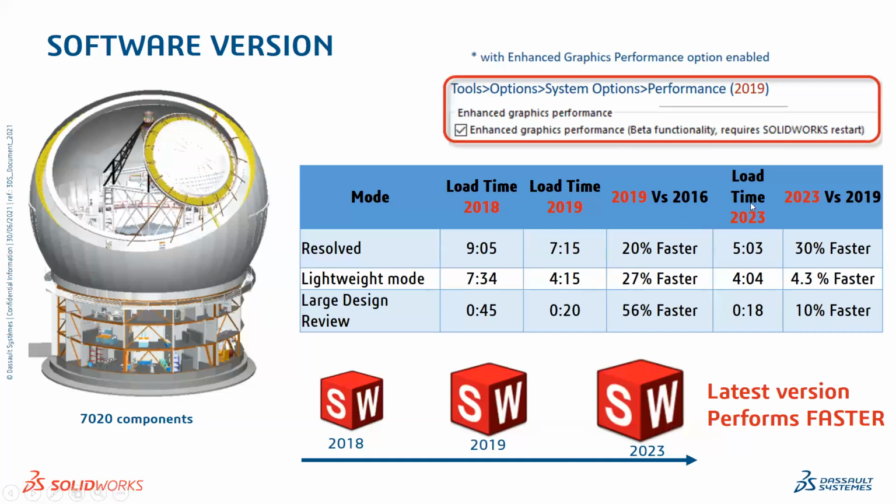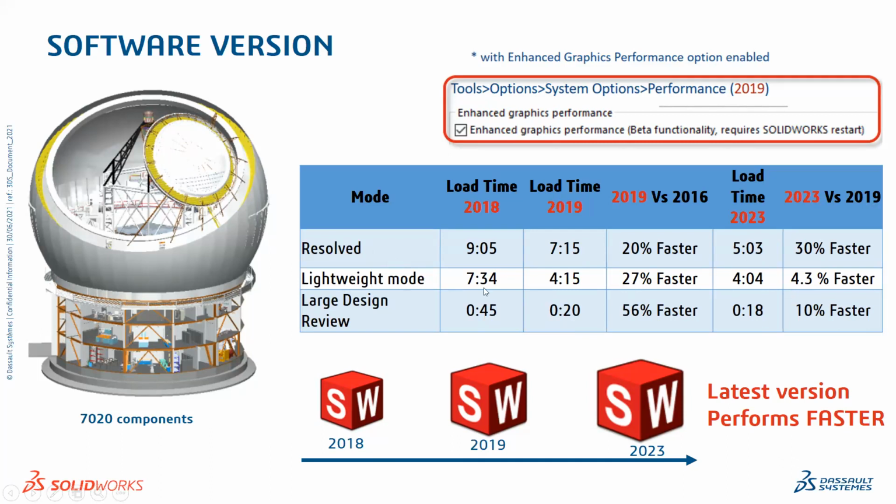When I use 2023, the current latest version, it took just 5 minutes. That means from 2019 to 2023, it's 30% faster. Comparing 2023 with 2018, it's almost 1.8 times, that means 180% faster.